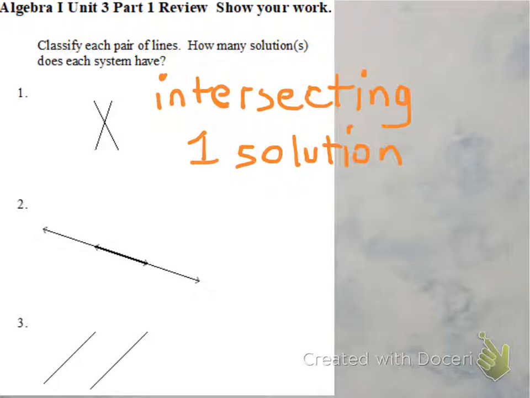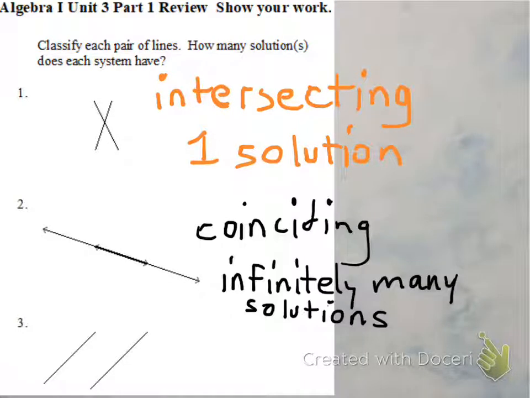If they end up being on the same line, or what we call coinciding lines, then we have infinitely many solutions. And then the third possibility is that you could have parallel lines, which never intersect. So they have no points in common, so no solution.